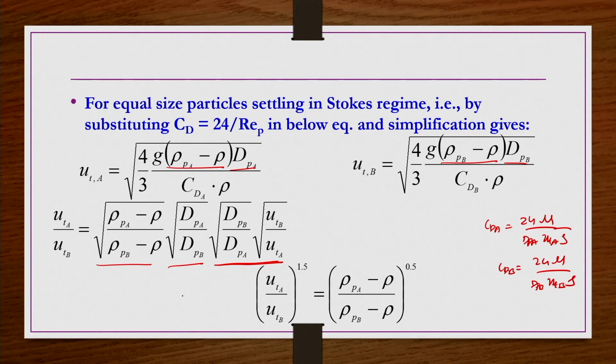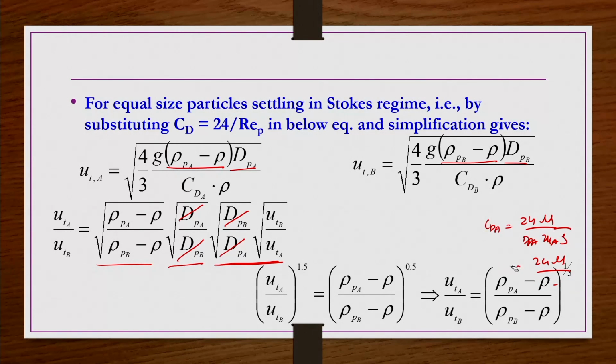When you substitute, these terms are the same and cancel out, and then the square root of UTB by UTA, if you take it to the left hand side, you have UTA by UTB whole power 1.5, and the right hand side, the square root of (rho PA minus rho) by (rho PB minus rho), is as it is. So, UTA by UTB here you will get the cube root of (rho PA minus rho) divided by (rho PB minus rho).